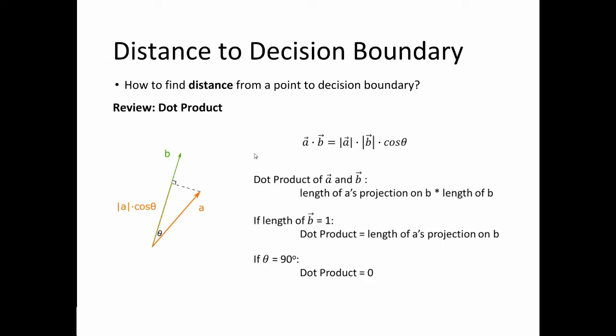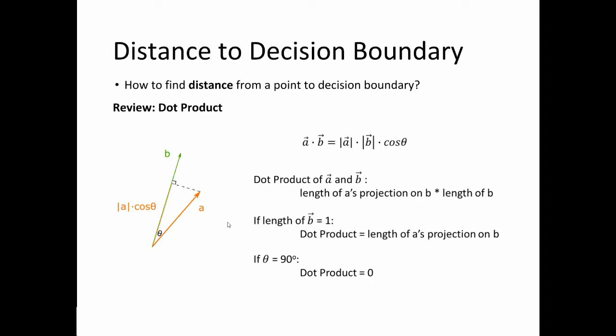The dot product between a vector A and a vector B is simply defined as the product of the length of vector A and the length of vector B, multiplied by the cosine of the angle between the two vectors. If we draw a perpendicular line from the end of vector A to vector B, we can see that the length of vector A times cosine theta is actually just this length.